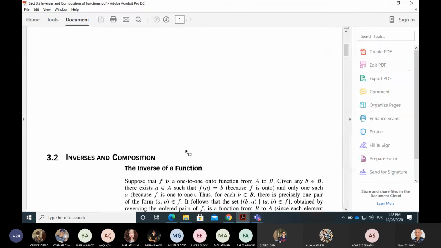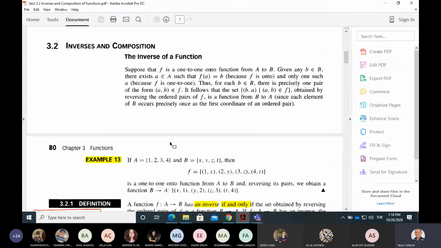My friends, at least let me read this and then we can have a break. We have a new journey. In our new journey, we will talk about the inverse of a function. For this, we need some specific condition on the function. Suppose that f is a 1-to-1 onto function from A to B. Given any b in B, there exists a in A such that f(a) equals b, because f is onto.